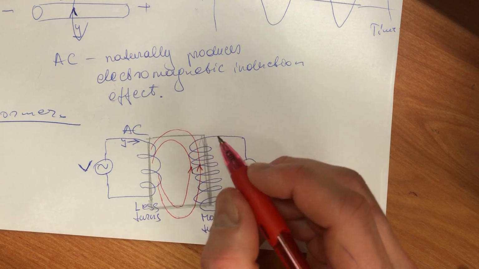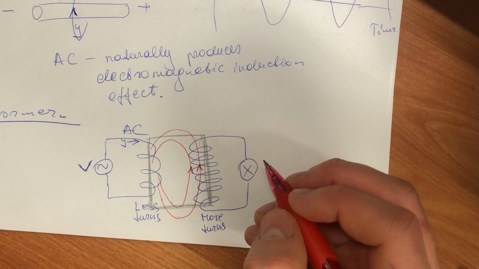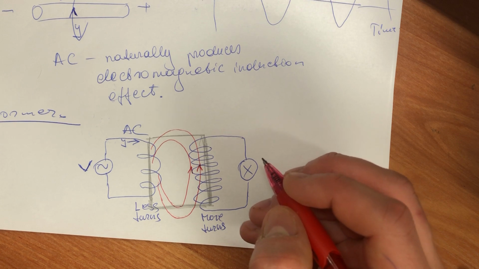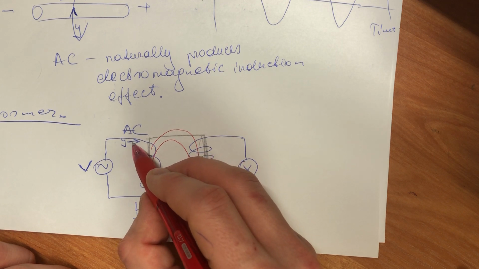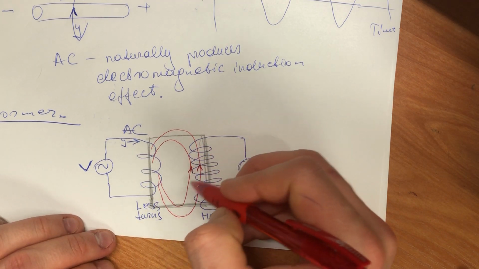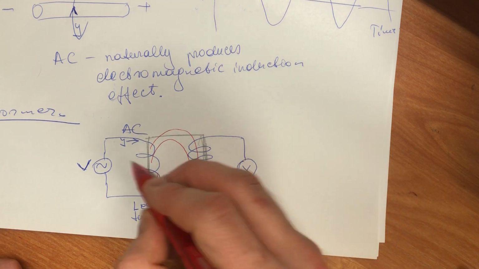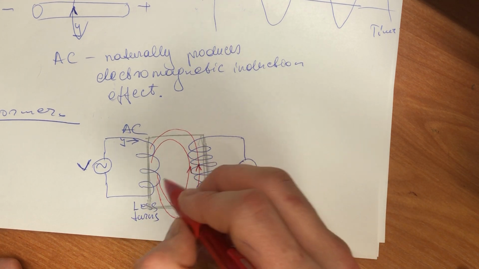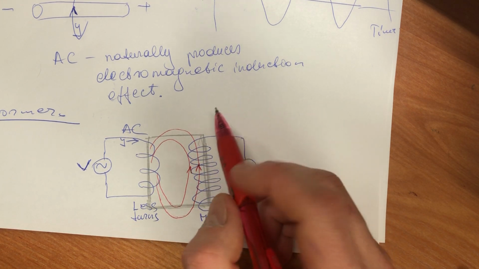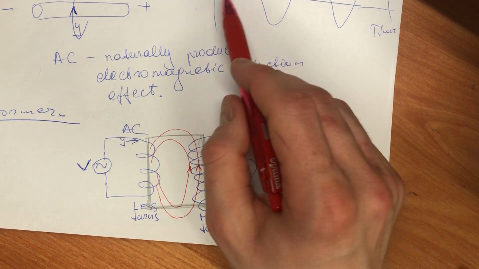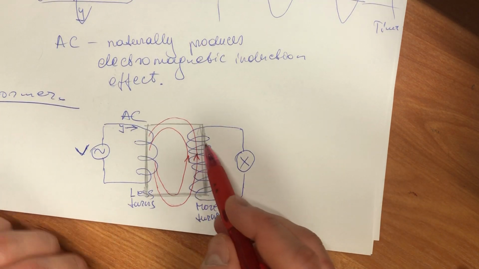And so at one instant it will flow in this direction, at another instant it would flow in a different direction, and this changing in the current flow, because current has to increase, then decrease, means the magnetic field has to increase and decrease.